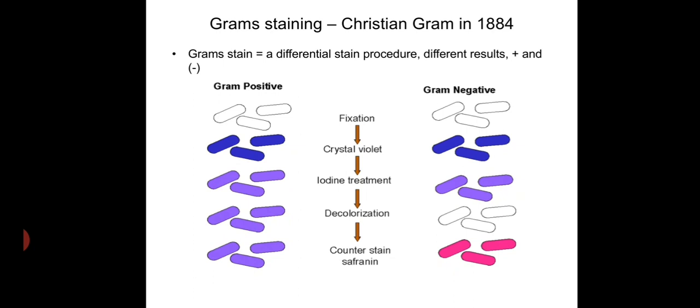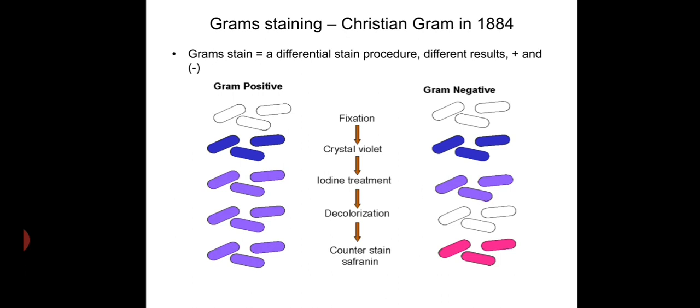Those bacteria that have an additional membrane outside the cell wall fall under the Gram negative category. How can we identify Gram negative bacteria from Gram positive? So this staining procedure is very important.